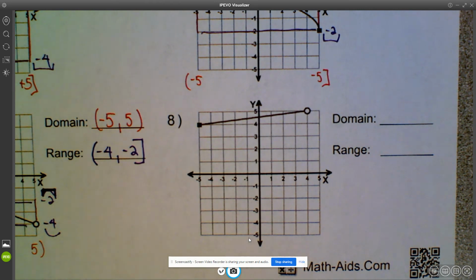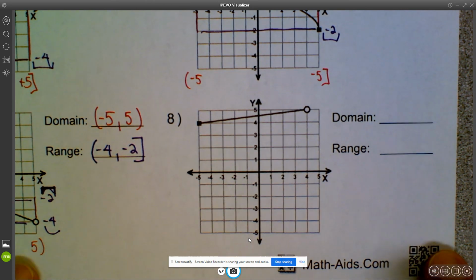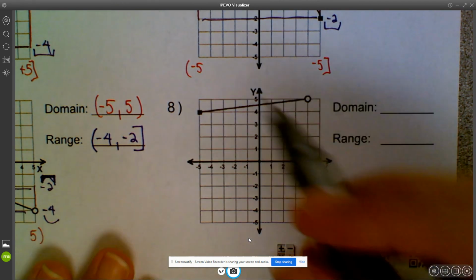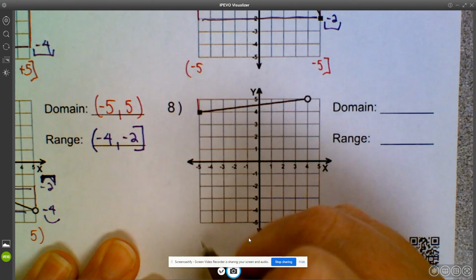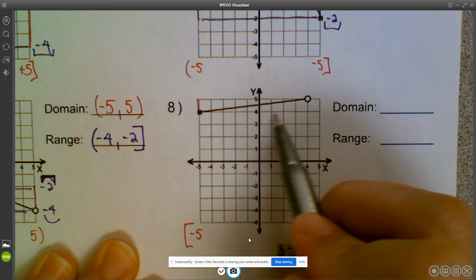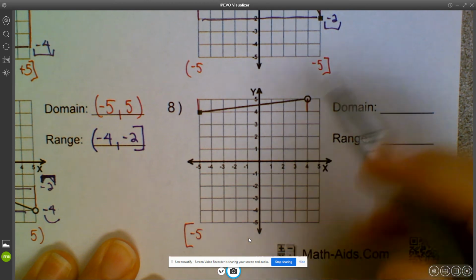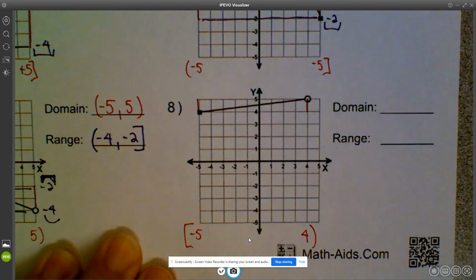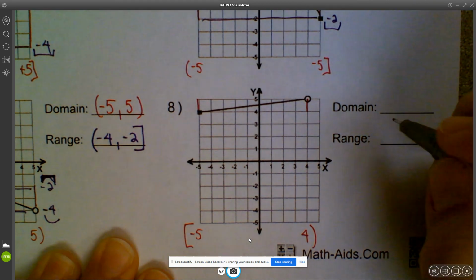My x coordinates travel anywhere between, let's see, x equals -5, and we include the -5, and it travels all the way to here where x equals 4, which has an open circle. So we put a parenthesis there because we exclude the 4.